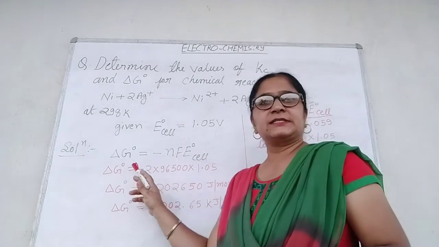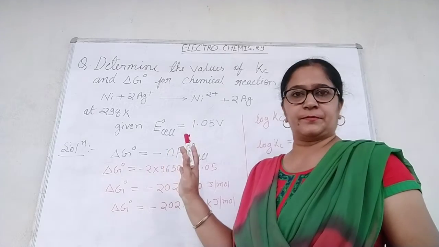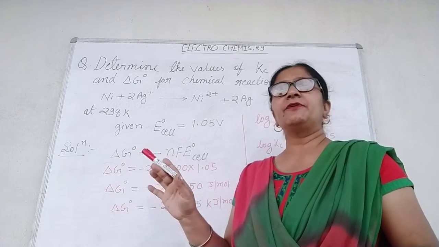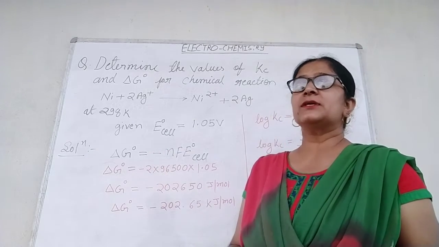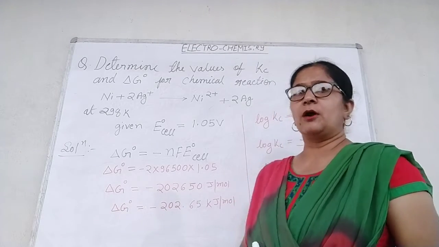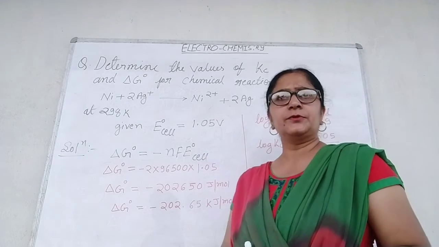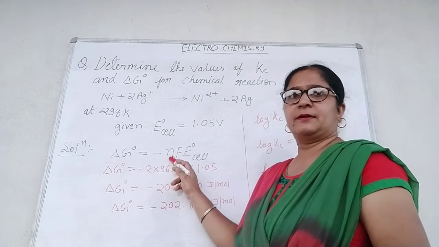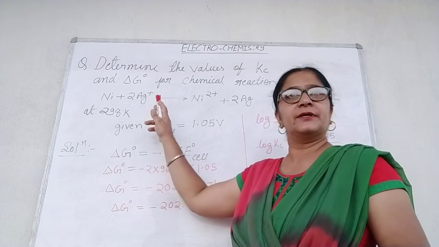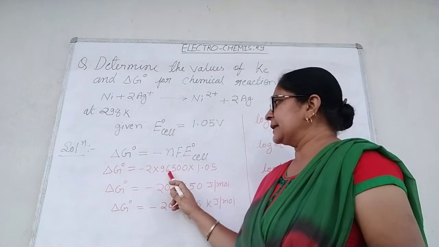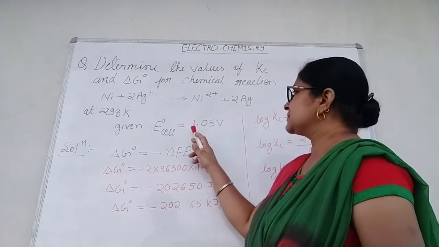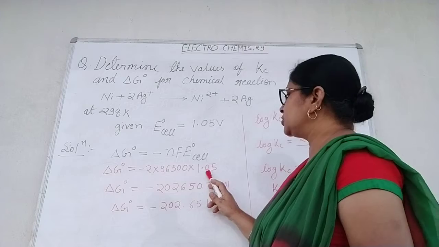If the standard cell potential is not given here, then we can easily calculate it by the difference of electrode potential of cathode and anode. Now we can put the values here. n will be equal to 2 as 2 electrons are transferred, and Faraday's value is 96,500 coulomb, and the given standard cell potential is 1.05.